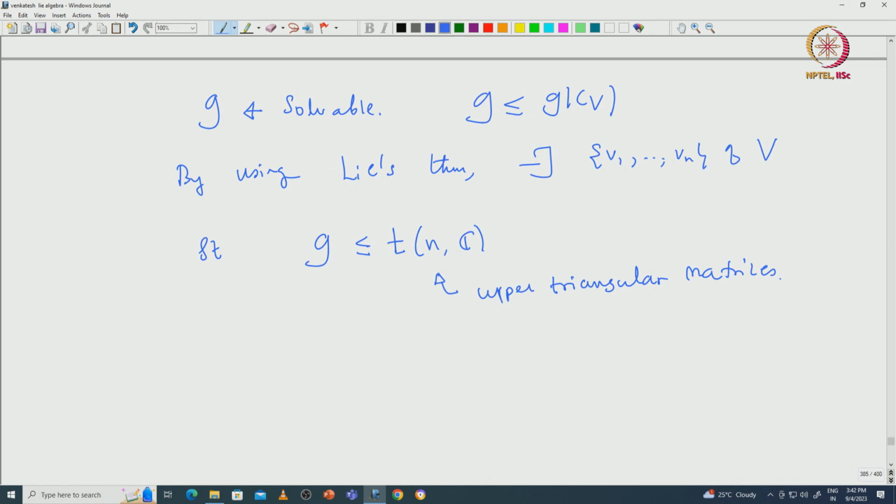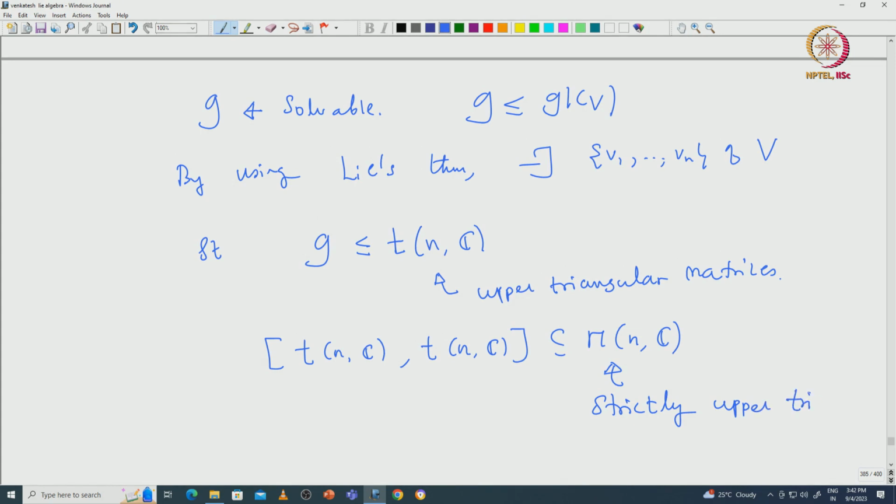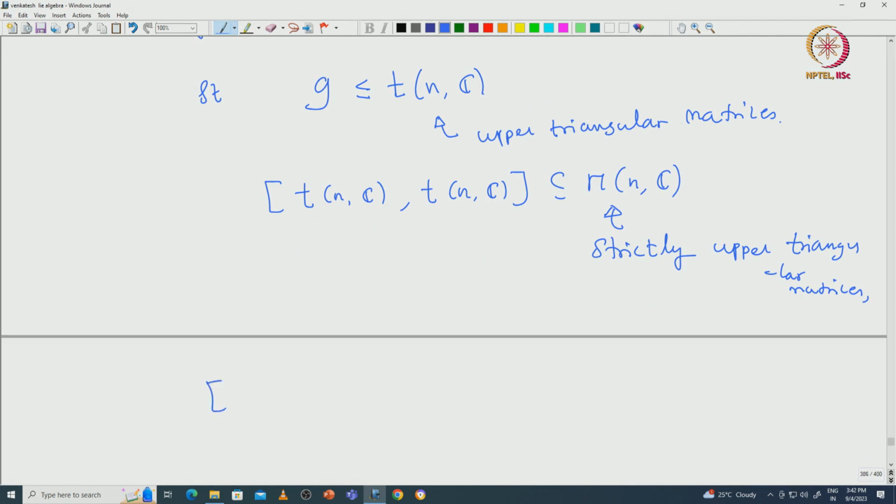Now, if you think about it, because the derived algebra of the upper triangular matrices is nothing but strictly upper triangular matrices, this [T(n, C), T(n, C)] sits inside the strictly upper triangular matrices. So, we can see that the derived algebra [G, G] also sits inside the strictly upper triangular matrices.